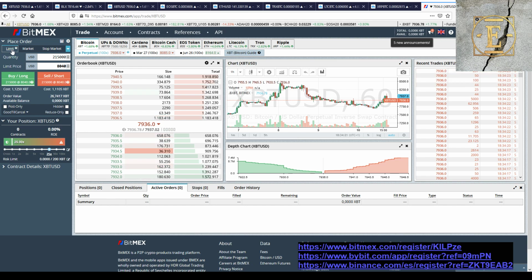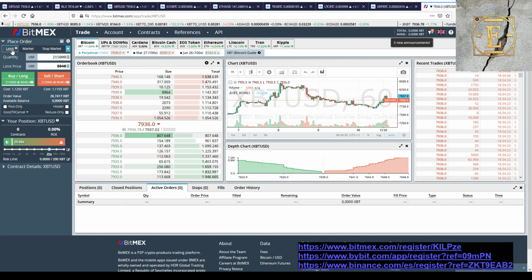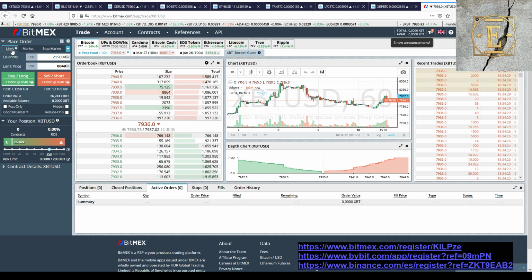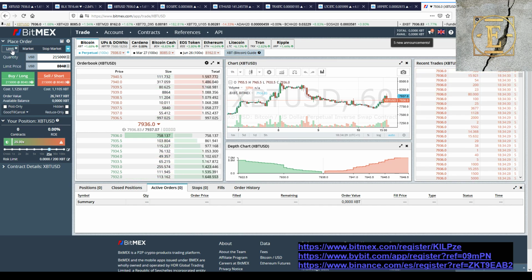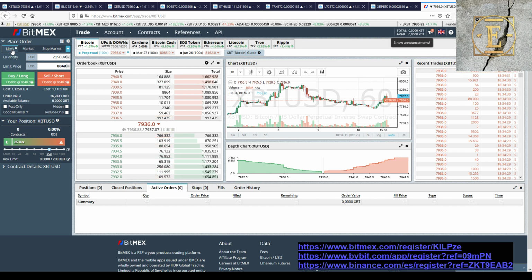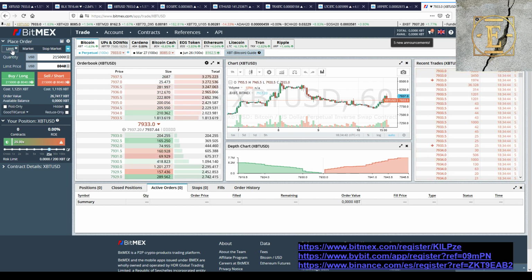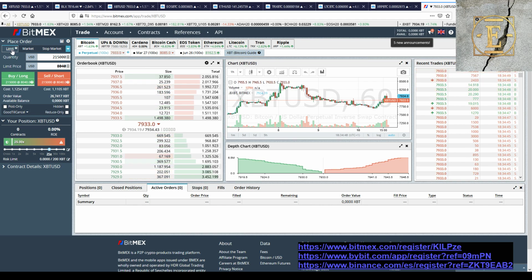If you go long, that is you buy, if you think that the price is going up, your limit order is going to be below the price, and you are adding more money to the market, so you are a maker, so BitMEX pays you. If you put the limit price above the price, you are buying someone's Bitcoin, so you are taking money.